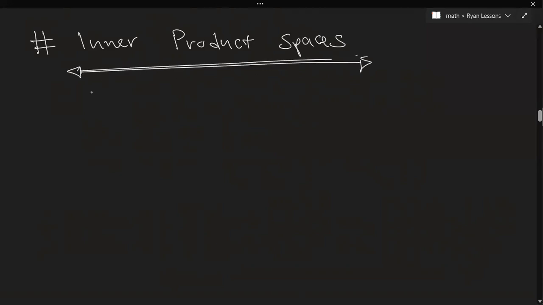So now we want to discuss inner product spaces. What is the whole idea of inner product spaces? The whole idea of inner product spaces is actually to generalize the dot product.